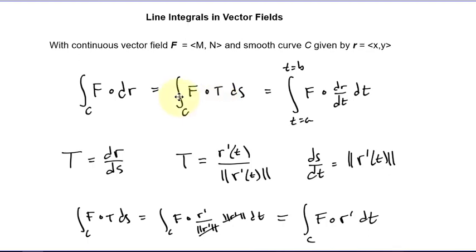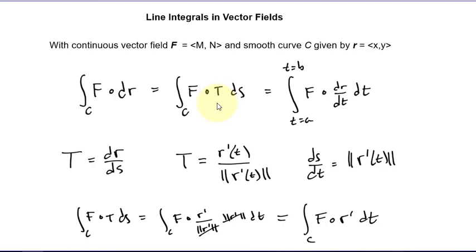When you take a dot product of the force with the unit tangent to the curve, we are again adding up the components of F that are parallel to T, the unit tangent vector.